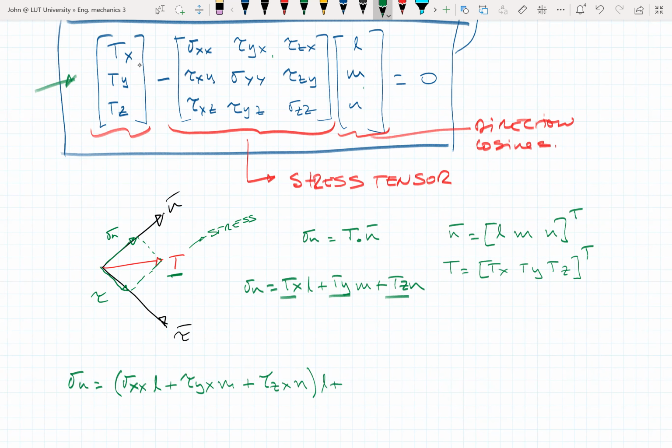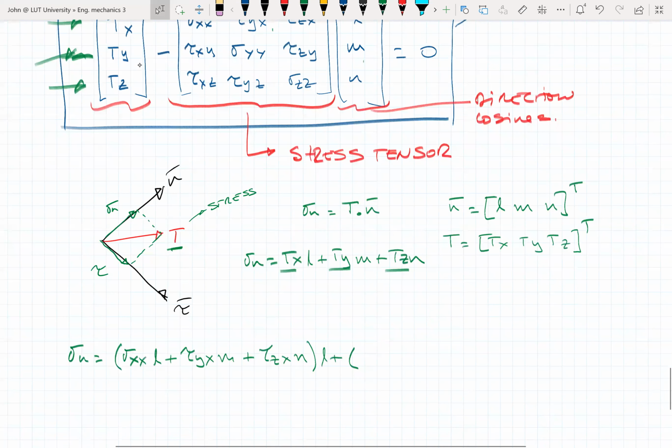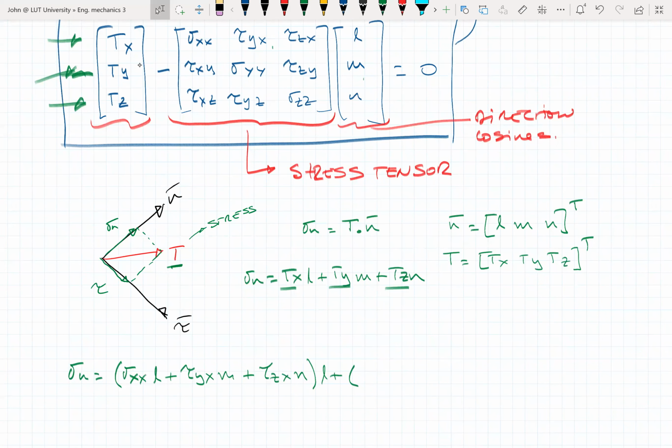plus Ty, which is represented by this second row here. I need to see this matrix here. It's going to be tau xy times L plus sigma y times m plus tau zy times n.